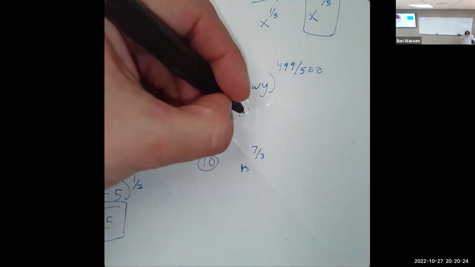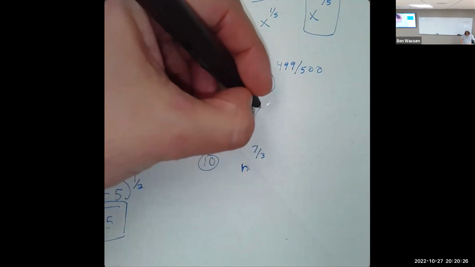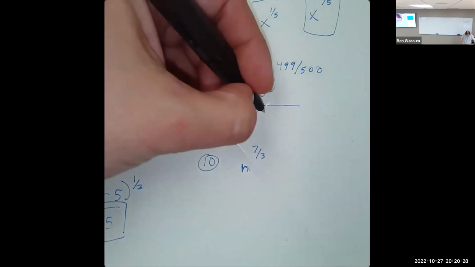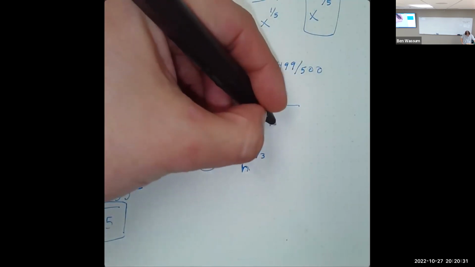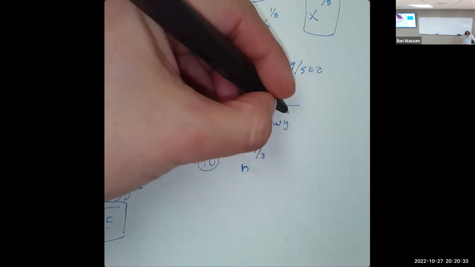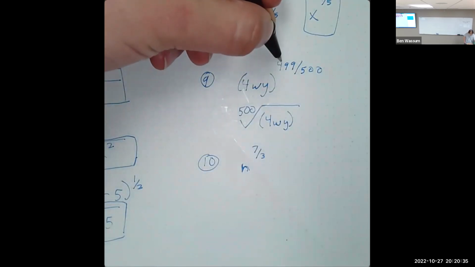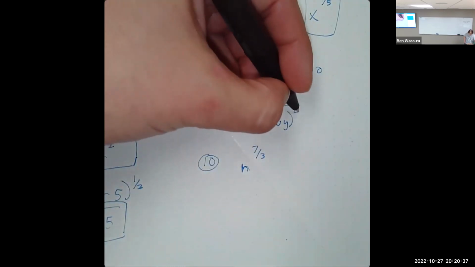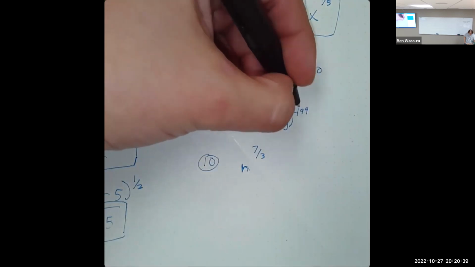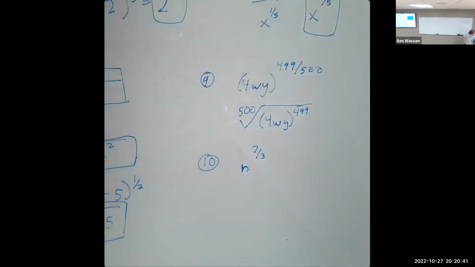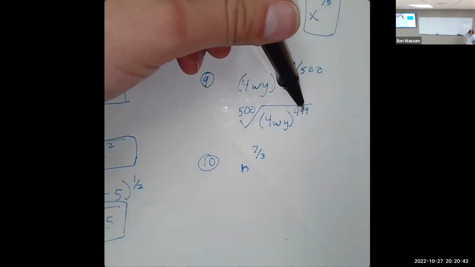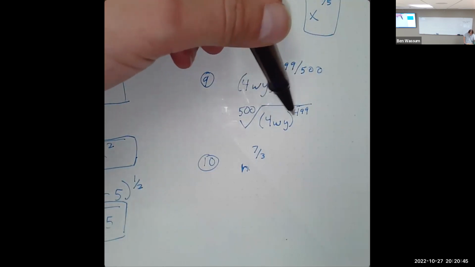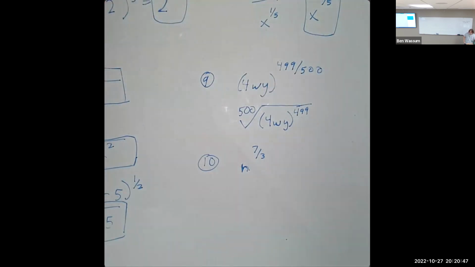It's going to be the 500th root of that thing, and note that I am keeping it in its parentheses because that 499 power would have to go to each and every one of those. Now, I'm not going to distribute that 499 to each of these because it wouldn't do anything for me.